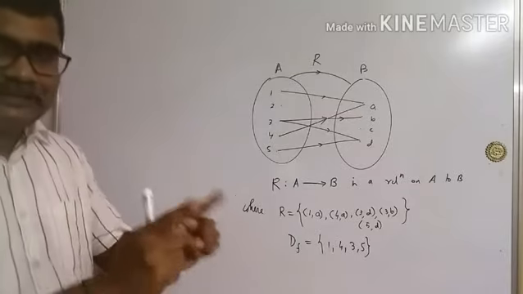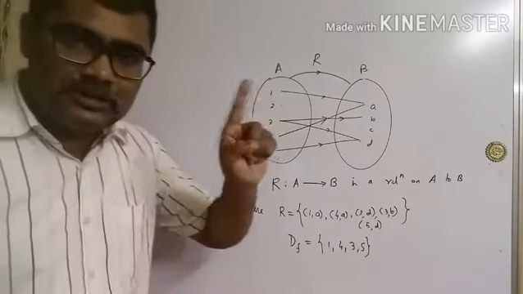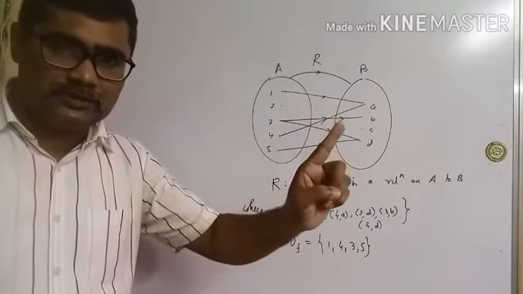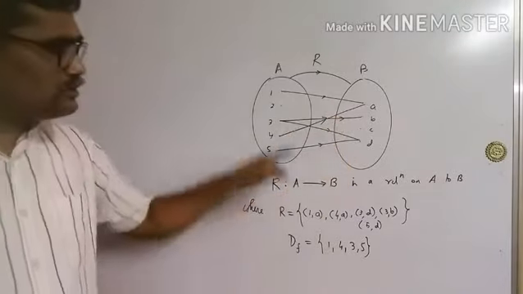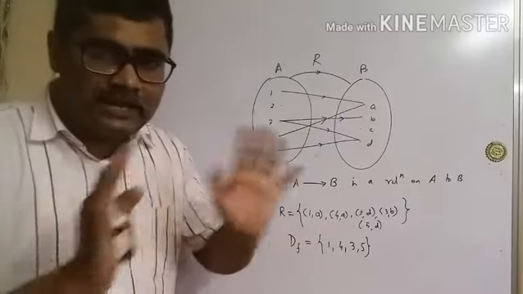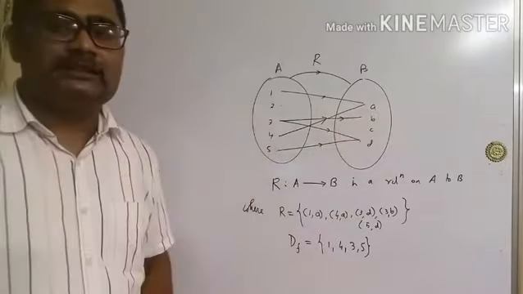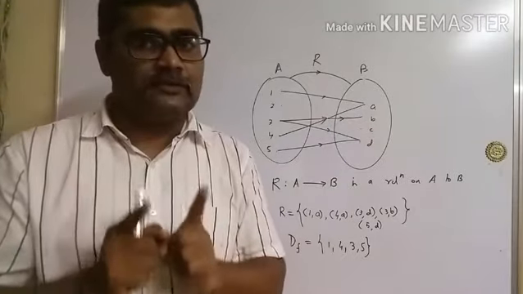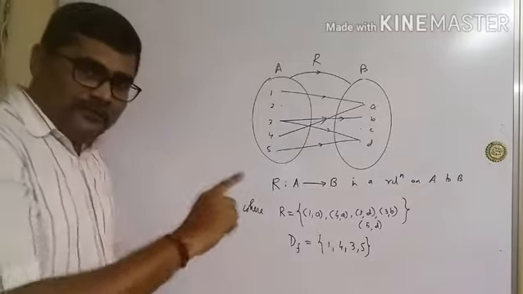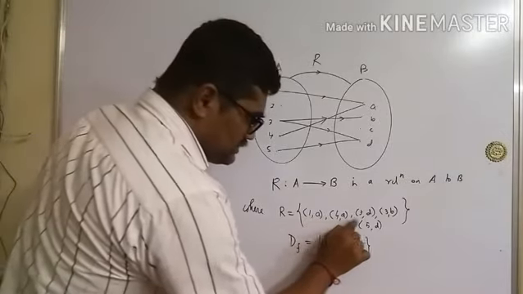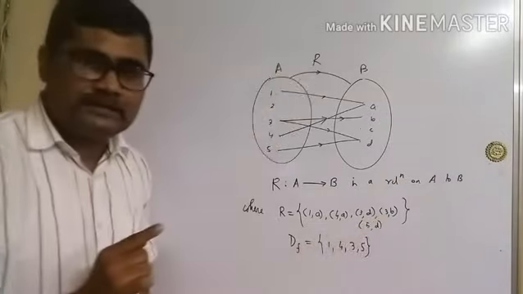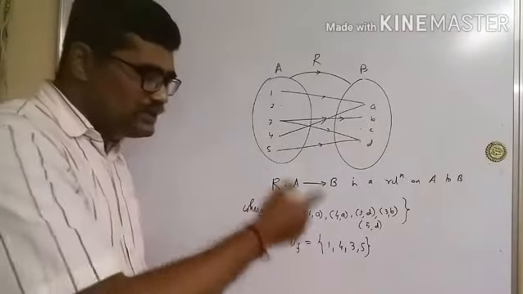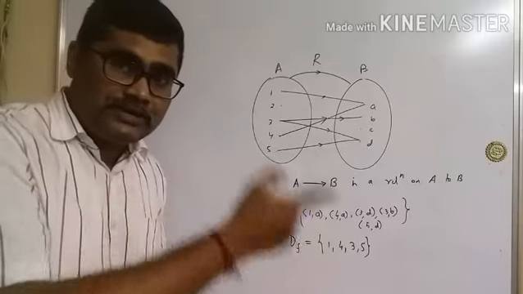Be very clear, in A there was element 2 also, but in this particular relation 2 will not be counted in the domain because 2 is not related to any of the elements of the right hand side. Am I clear to you? That is a special care you have to take. After that, if you consider the right hand side place element in the ordered pairs, they will tell you about the range, right?